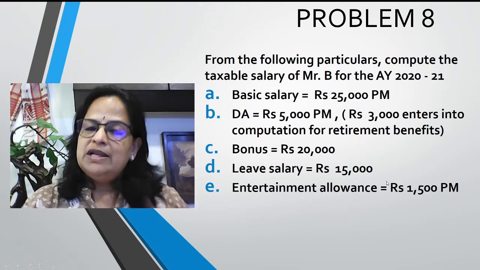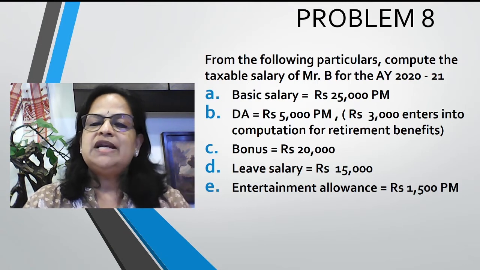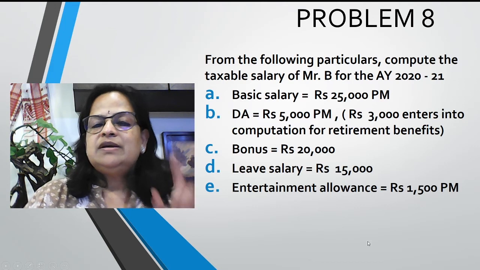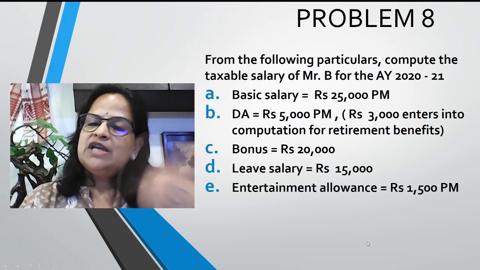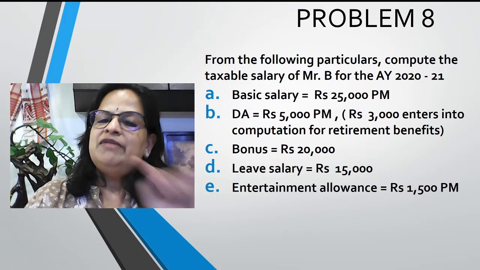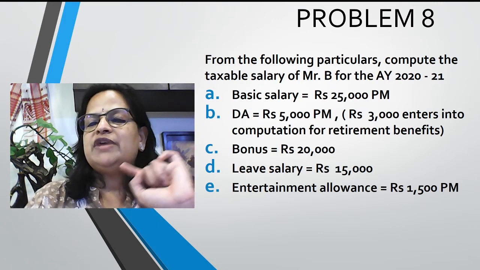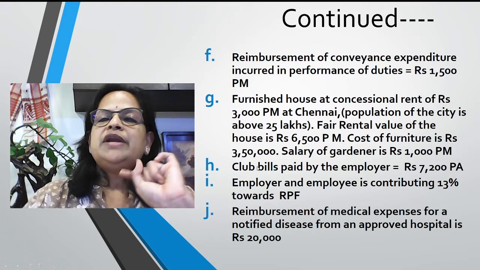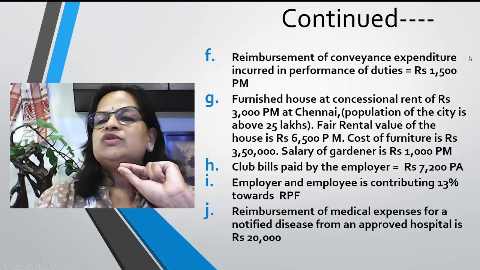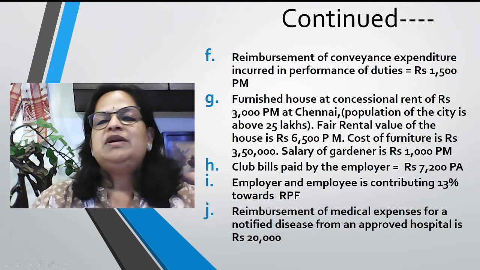Leave salary while in service, if you are encashing leave salary, is fully taxable. Entertainment allowance: two adjustments will be there if he is a government sector employee. Here he is not a government sector employee, so we will only add it to the gross salary, 1,500 per month. Now, reimbursement of conveyance expenditure incurred in performance of duties, 1,500 per month, will not be taxable because it's only for the official purpose.